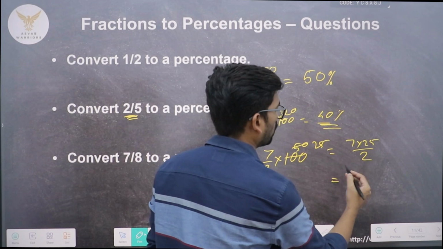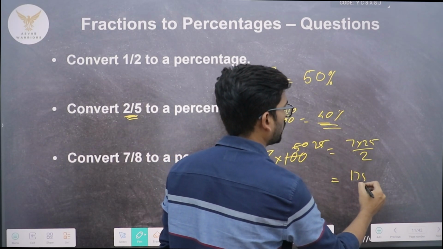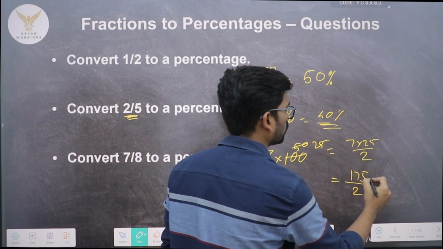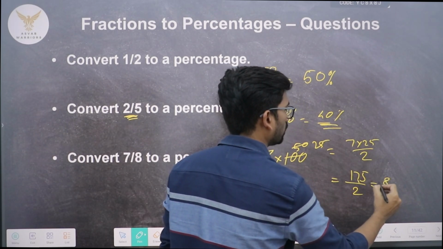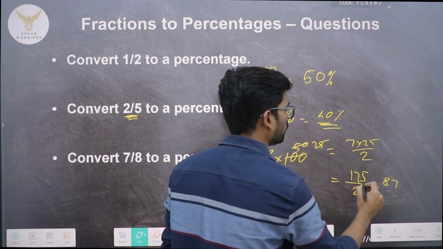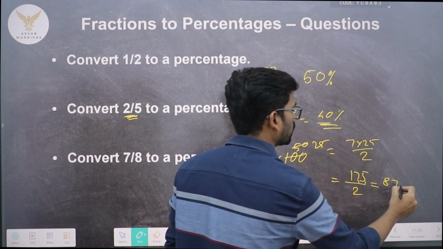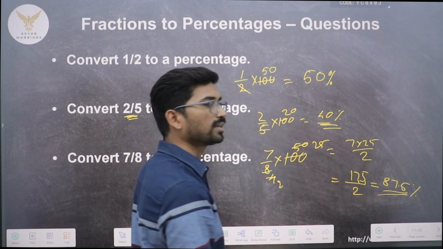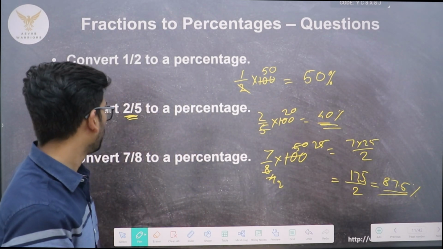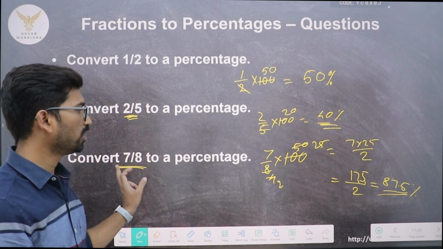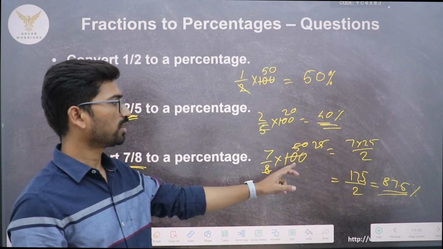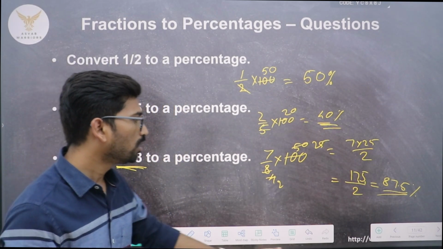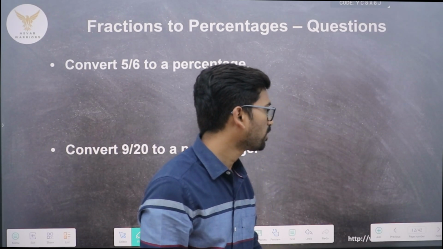It is 175 divided by 2. So 2 8s are 16, 2 7s are 14, balance 1, decimal point 5. So we will get our answer as 87.5. When we convert 7/8 into a percentage, we multiply it with 100 and we get our answer as 87.5%.